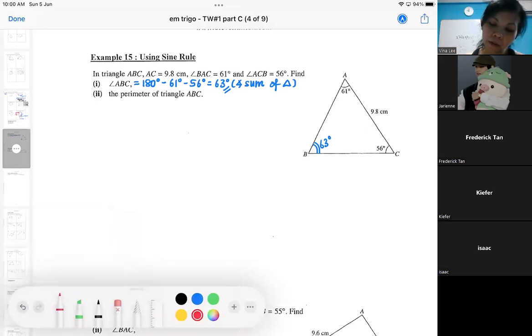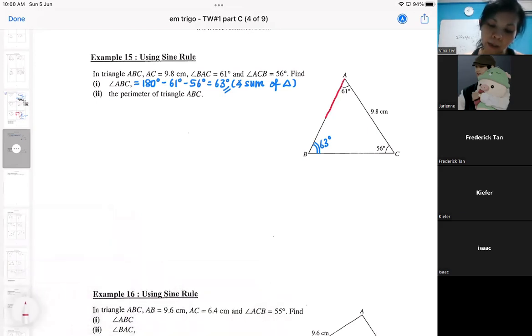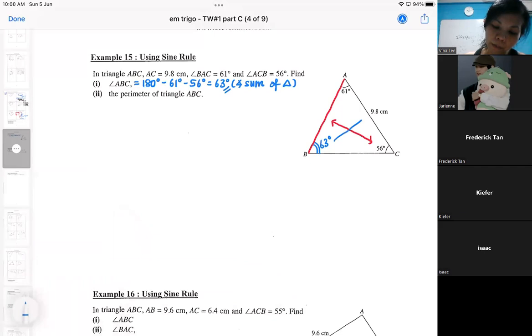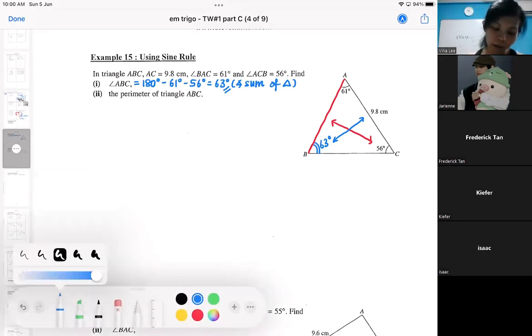Bear in mind first, you are looking for AB. The side that you are looking for can form an arrow with 56. The 63 that you have found can form an arrow with the 9.8. So that's how I do it.